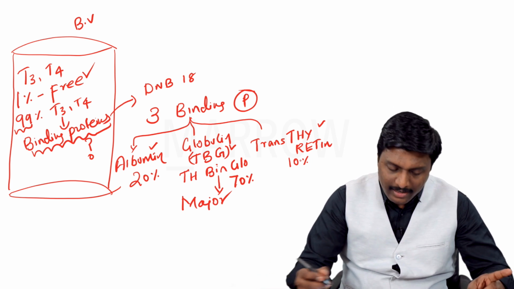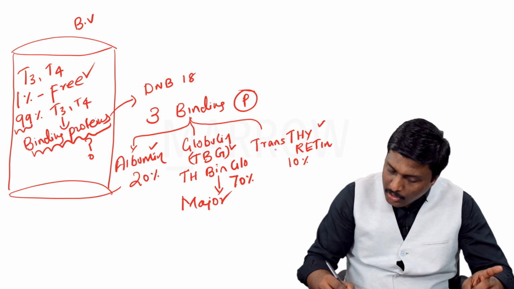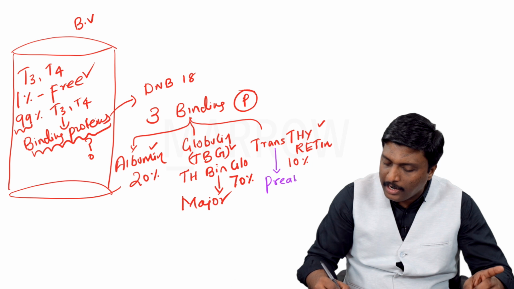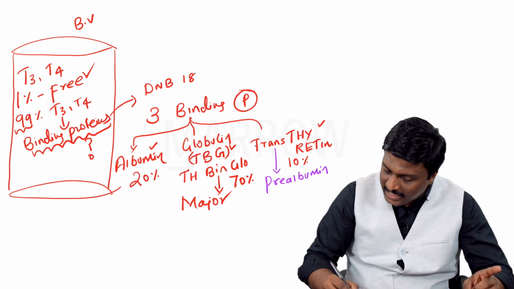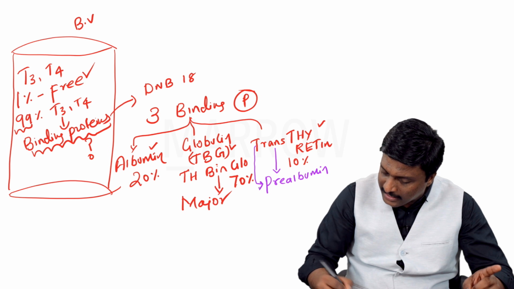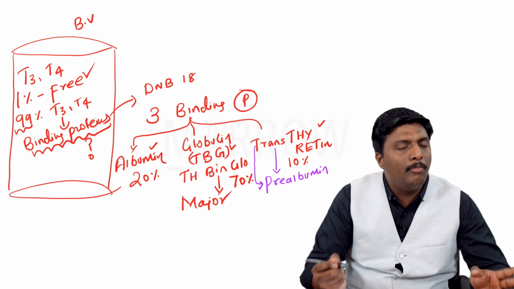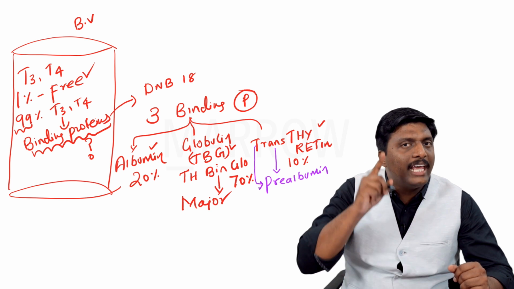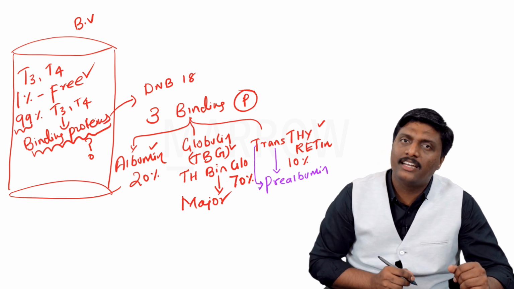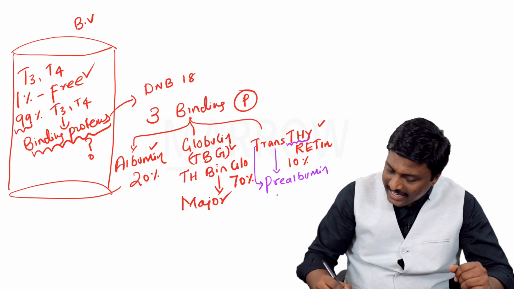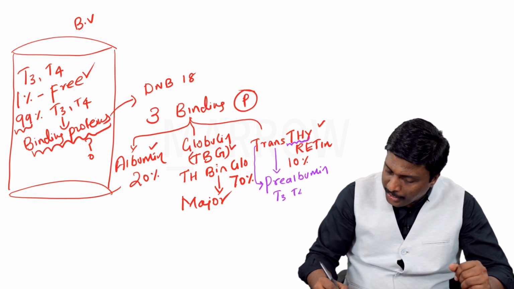Next MCQ. This transthyretin is also called by one other name. That form is called prealbumin. The other name for transthyretin is prealbumin. Recent MCQ. Transthyretin or prealbumin both mean one and the same. I have strategically written this transthyretin, highlighting Thy. That means it can transport thyroid hormones.